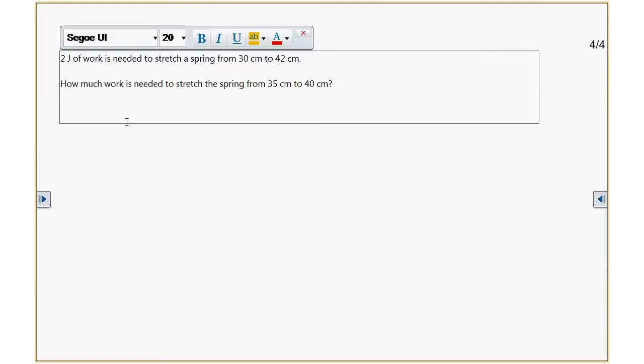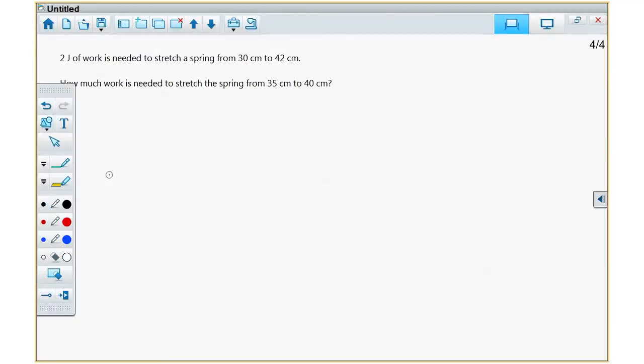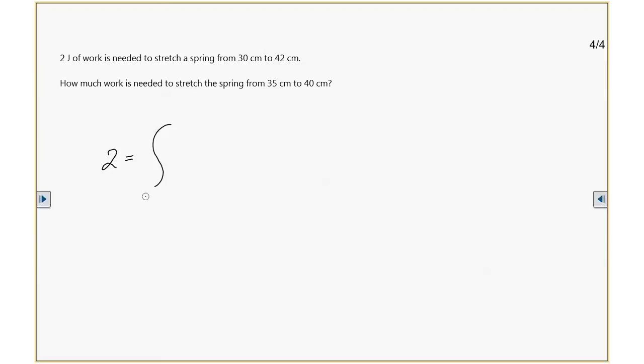Now this one you're going to work with K in the integral, because it's asking about joules for one thing, and it's also giving you 30 to 42 centimeters versus 35 to 40 centimeters. So 2 is going to be the work. So 2 is equal to an antiderivative of something, something, something from something to something.